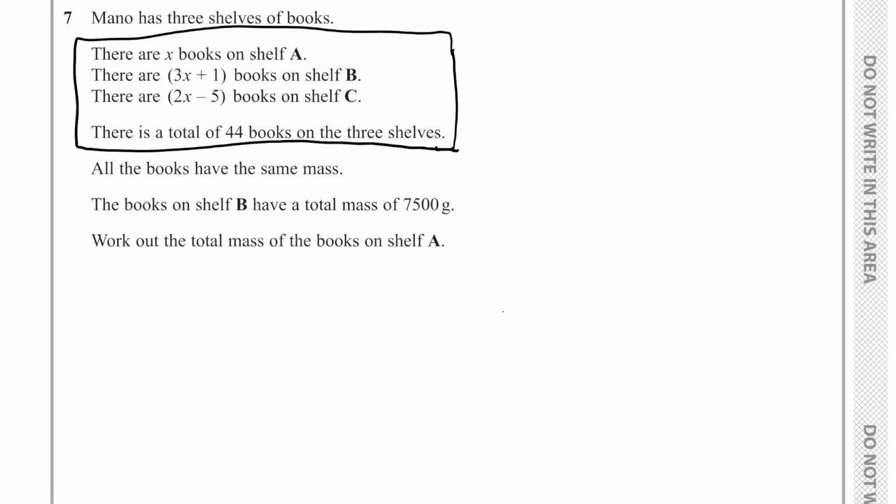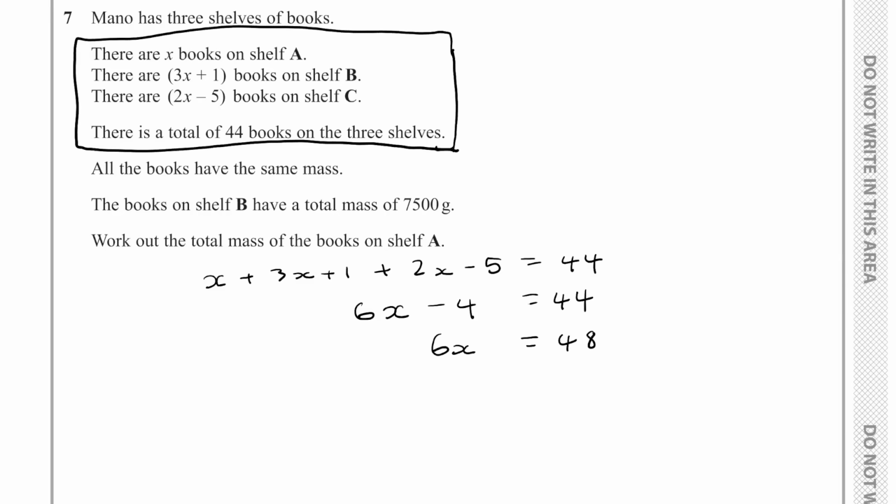The total number of books is x plus 3x plus 1 plus 2x minus 5, and that equals 44 books. So we've got x, 3x and 2x, so 6x, 1 take away 5, so minus 4 equals 44, plus 4 to both sides, and then divide both sides by 6, so x is 8.